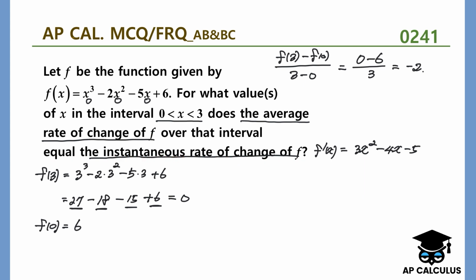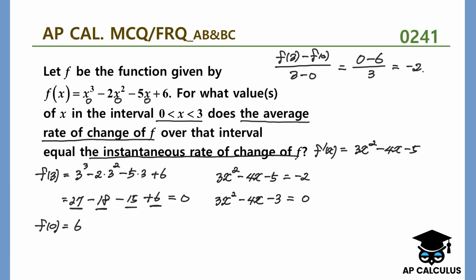So we're going to set this equal to negative 2, right? So 3x squared minus 4x minus 5 is equal to negative 2. This is just a quadratic equation, so we're going to solve it. Add 2 to each side, so minus 3 is equal to 0. This quadratic equation is not factorable, so we're going to have to use the quadratic formula.